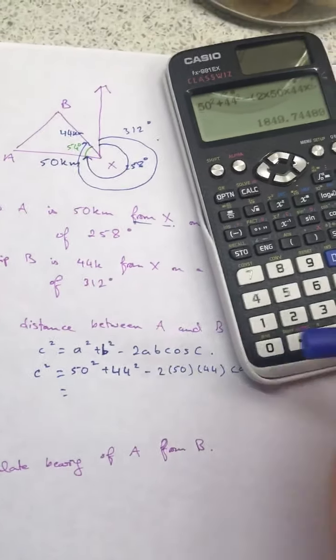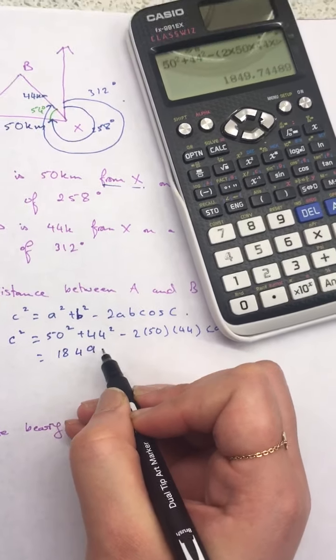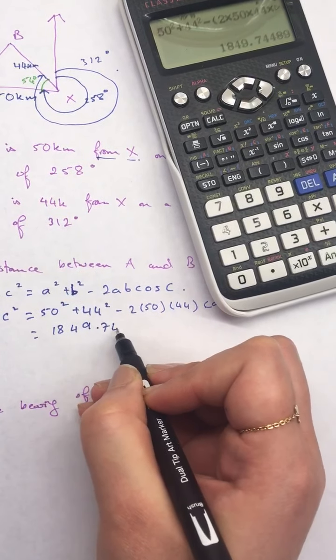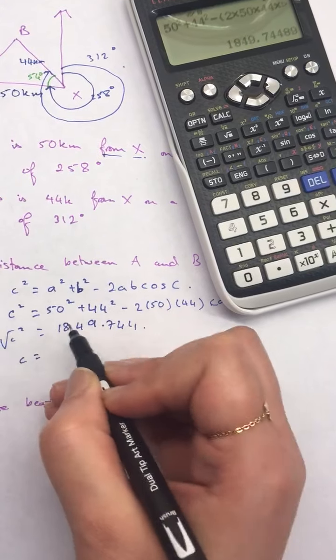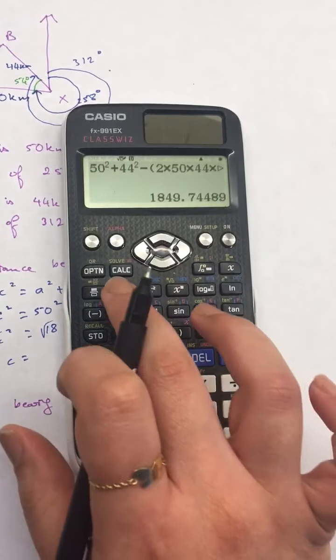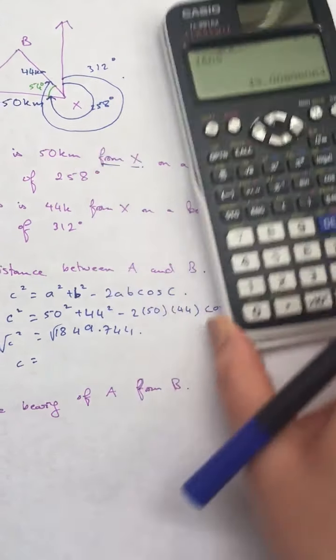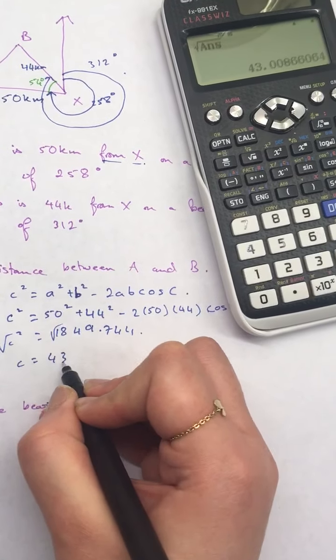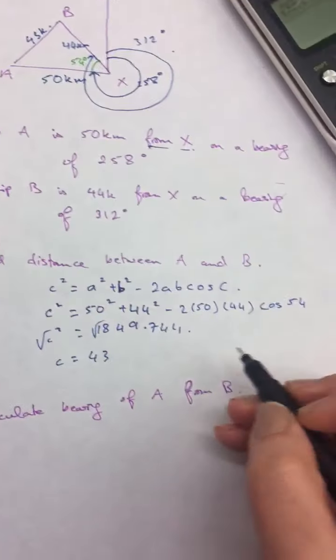It's 1849.744. That is C squared. I want C, so lastly I square root. The answer is 43.0, so that distance AB is 43 kilometers.